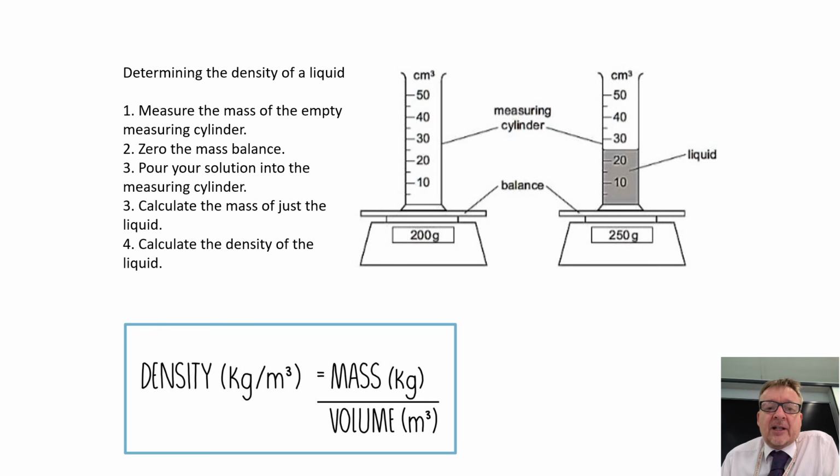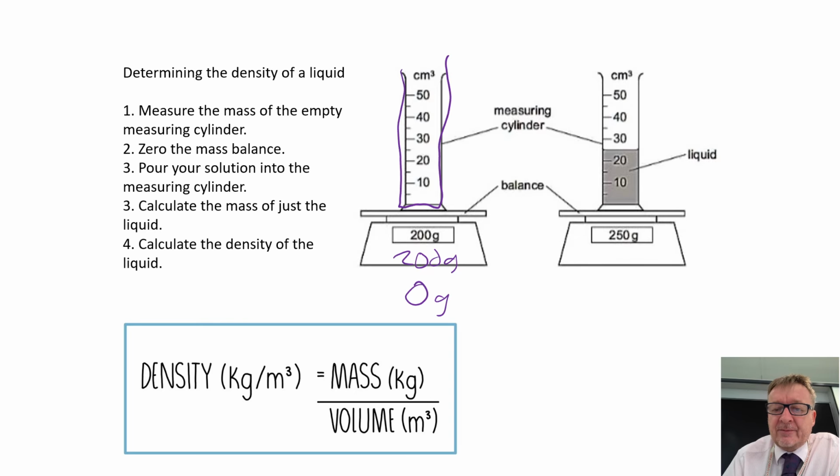Then, calculating the density of a liquid. You're doing exactly the same kind of thing, except there's one extra step. Measure the mass of the empty measuring cylinder. There's your measuring cylinder, and you put it onto the balance, and you can either record it down as 200 grams, or if you press the 0, it takes it back to 0 grams.